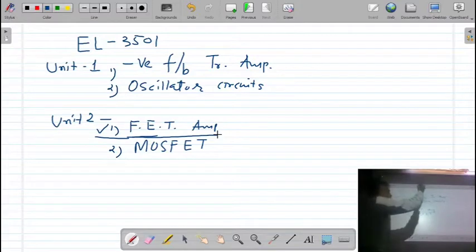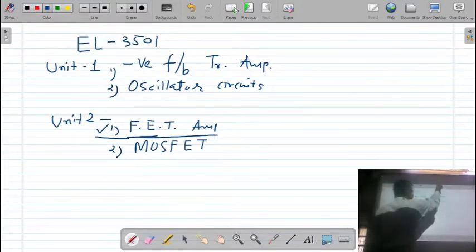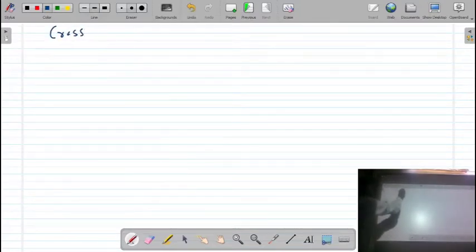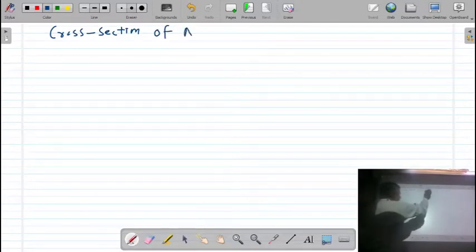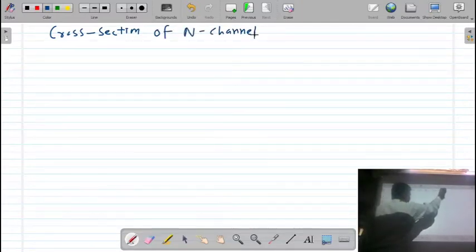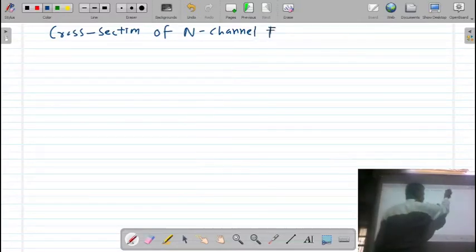So I am showing you the cross section of the N channel field effect transistor amplifier.